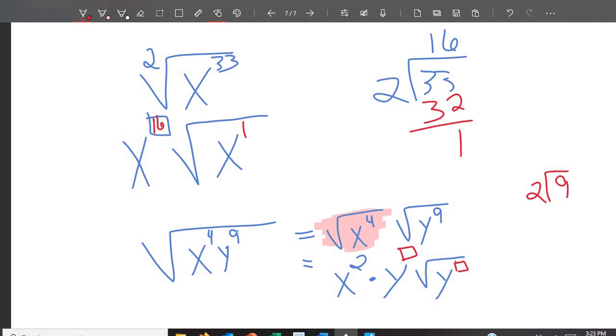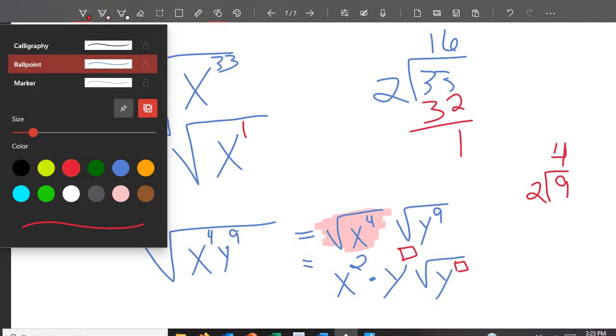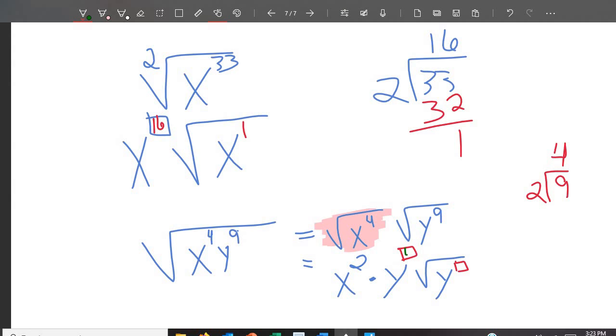So 2 goes into 9 4 times. So the exponent on the outside will be 4. Finish it out. The exponent underneath will be a 1. So the final answer for this one is x squared, y to the 4th. Behind it is a square root of y left over.